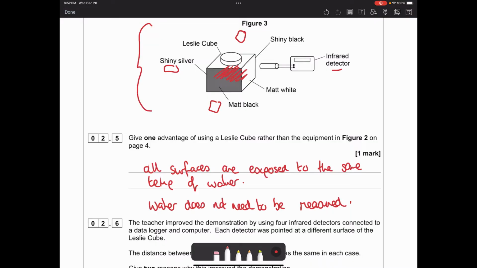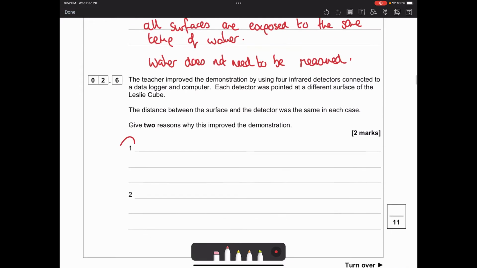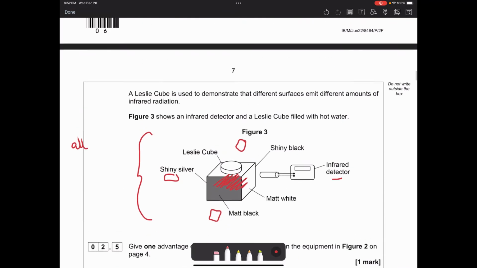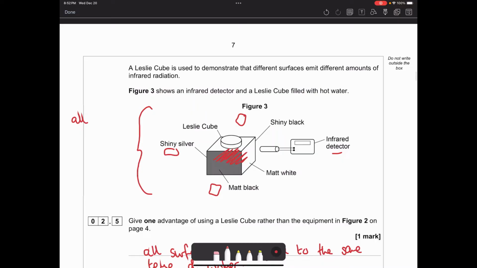Well, the key things are, if you've got 4 detectors, you don't have to move it. So I'll just record these 2 points down here next to the diagram, but all measurements can then be taken at the same time. So that's your first key advantage.